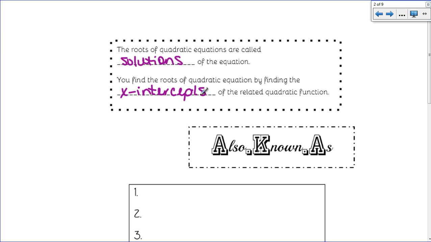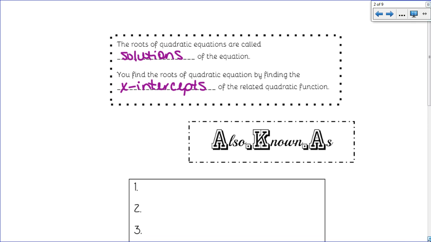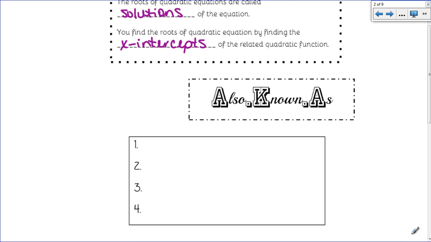And you'll remember when we did our pink book last week, on the very first page you had a picture of a parabola with a bunch of little call-out boxes, and we filled in those boxes with the words that matched what that part of the parabola was. At the x-intercepts, our little call-out boxes had 4 different words in them because there were 4 words that related to that point on the graph. Sometimes they were called x-intercepts because it's where it crosses the x-axis.